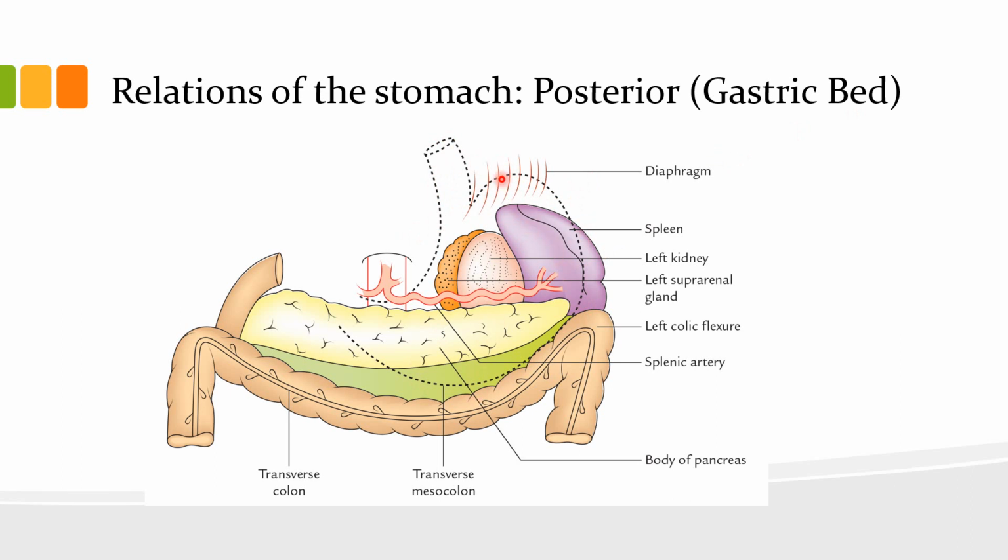From above downwards we see the left crus of the diaphragm, the spleen, the left kidney, left suprarenal gland. This is an artery called the splenic artery, a very important relation. Pancreas and the transverse mesocolon. All these structures are posterior to the stomach, but they are separated from it by the omental bursa or the lesser sac of the peritoneal cavity.